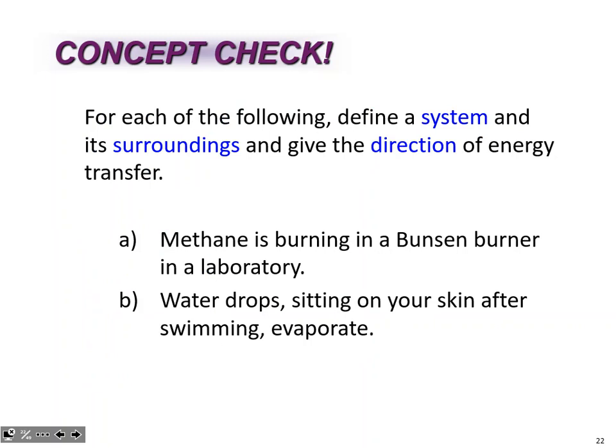When you're lighting a Bunsen burner, you light a match or use a striker to give it a spark. That's the catalyst part that gets it going. But the combustion part, the exploding part, always is going to give off what? Heat. So this one's always going to be exothermic, right?